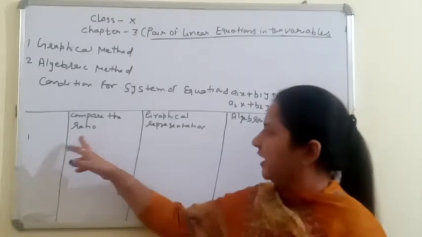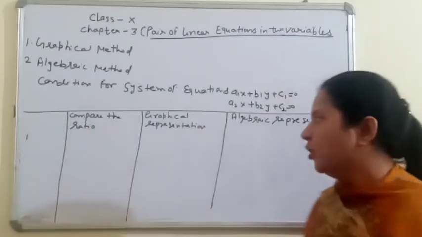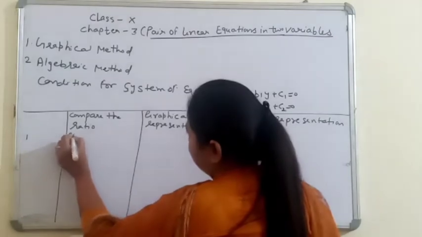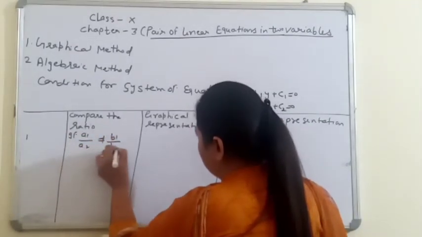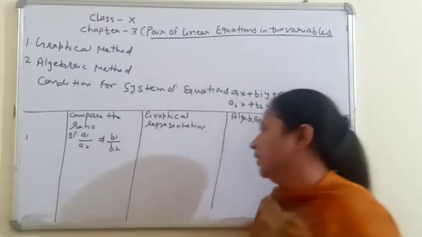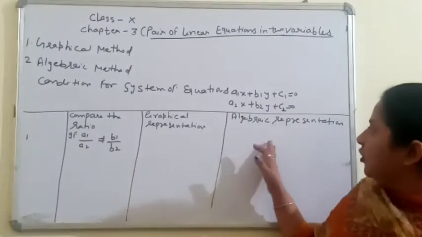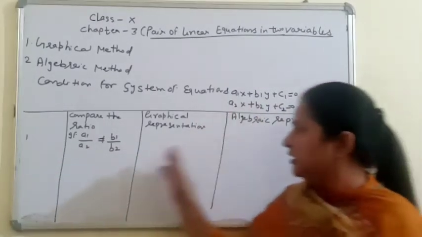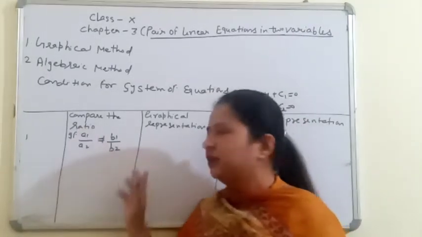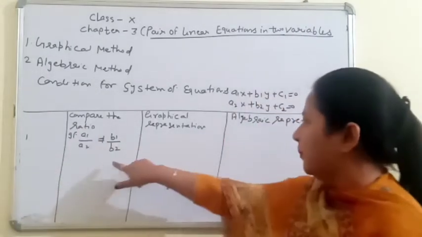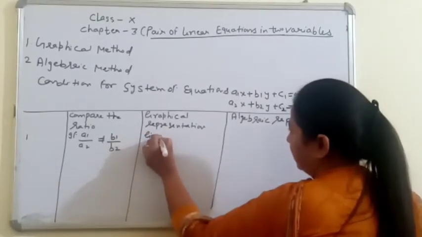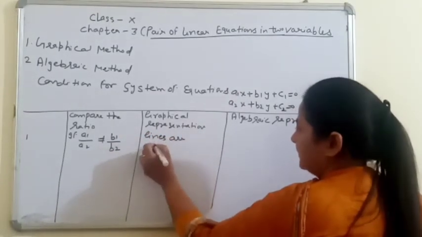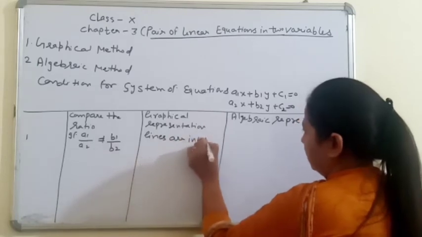Now the condition is the comparison of ratios. First condition: if a1 upon a2 not equal to b1 upon b2, we compare the coefficients of variables x and y. If they are not equal, then graphically the lines are intersecting.